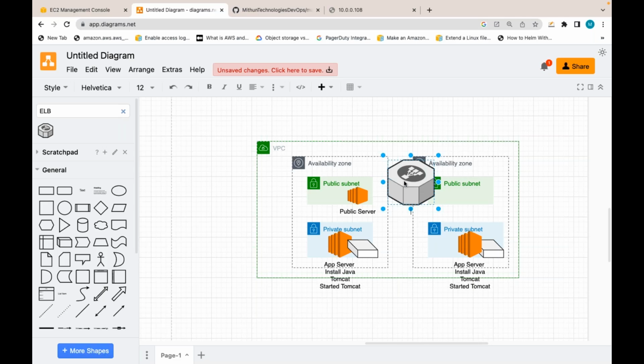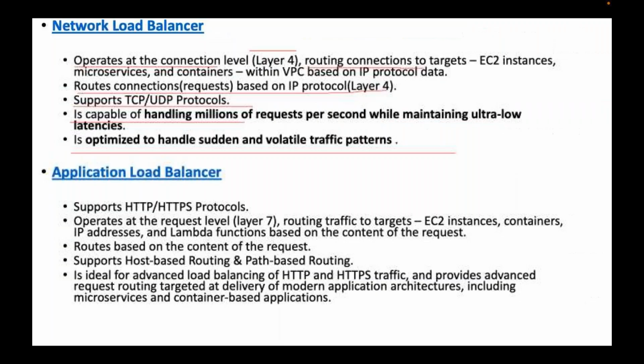Load balancer has something called a listener. The listener defines on which port and on which protocol the load balancer will accept the request. Each and every load balancer should have at least one listener to accept the traffic.